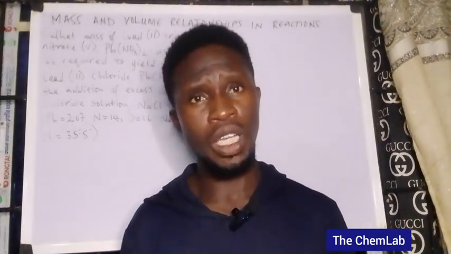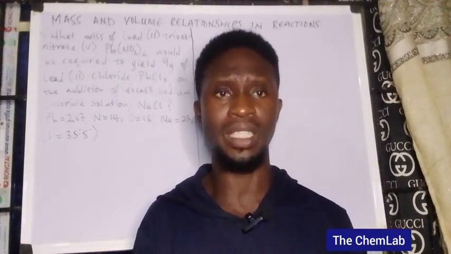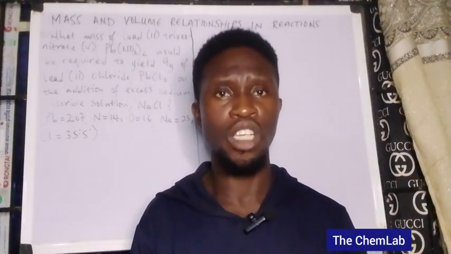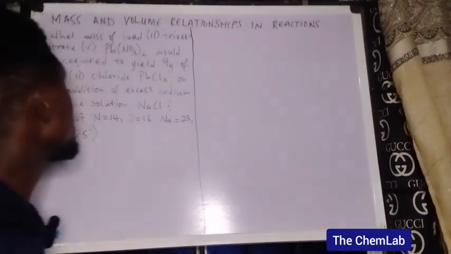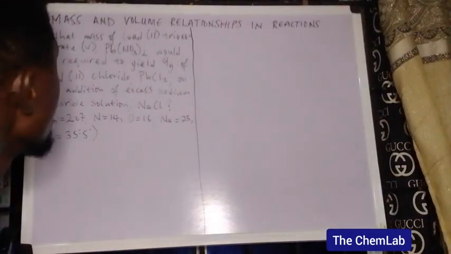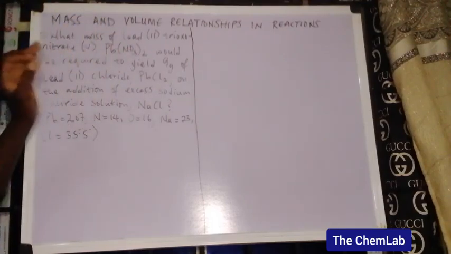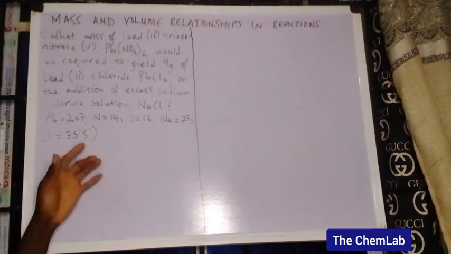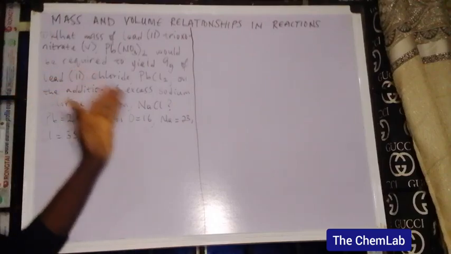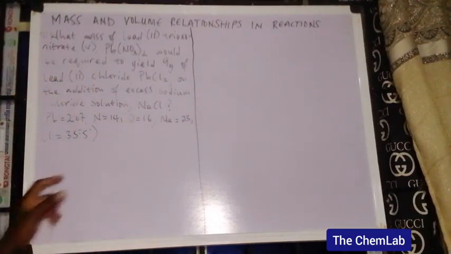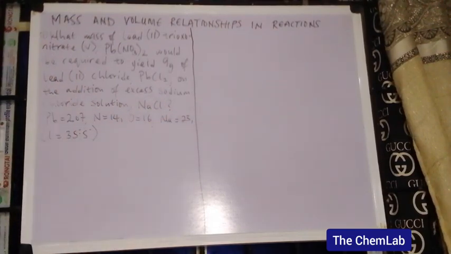Today we're going to look at how we can find the reacting mass of the reactant taking part in the reaction to give us the product. Before us is a question which says: what mass of lead(II) nitrate, Pb(NO3)2, would be required to yield 9 gram of lead(II) chloride, PbCl2, on the addition of excess sodium chloride solution, NaCl?